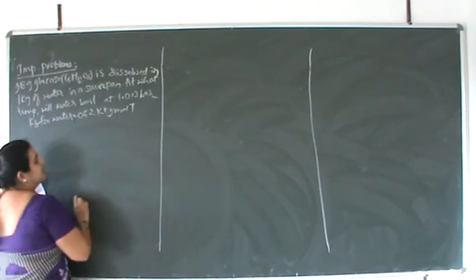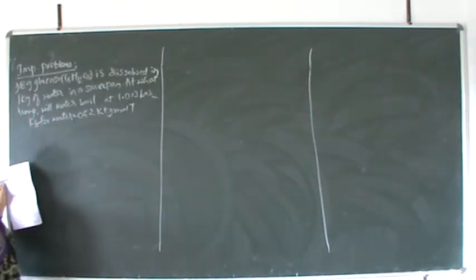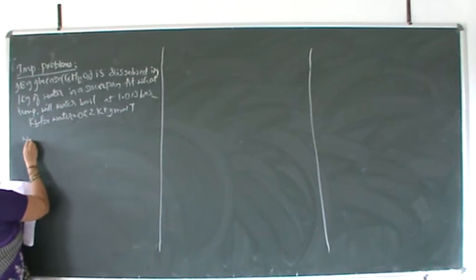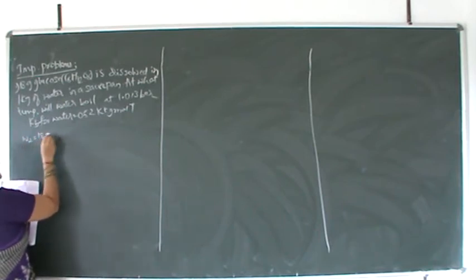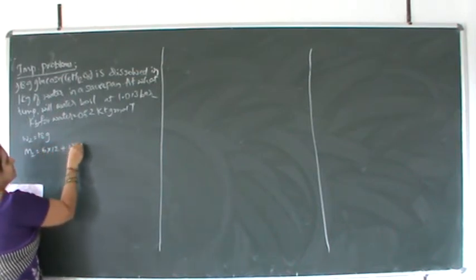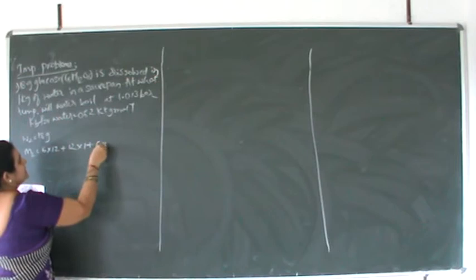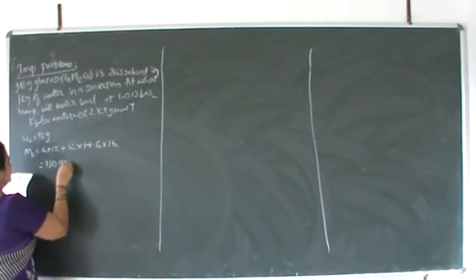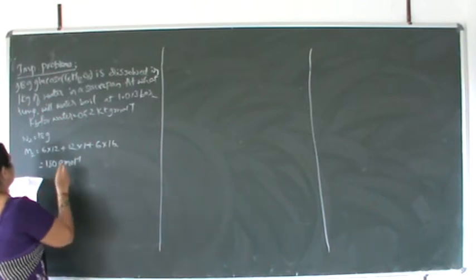This is a problem related to which of the colligative property? Yes, it is a problem related to elevation in boiling point. Now take the terminologies. W2 is equal to 18 grams. M2 is equal to 6 into 12 plus 12 into 1 plus 6 into 16, that will be equal to 180 grams per mole.